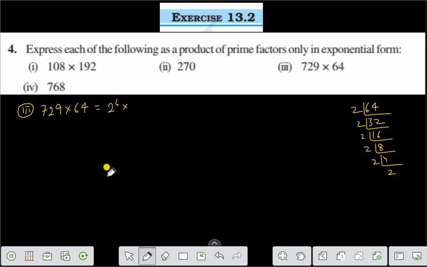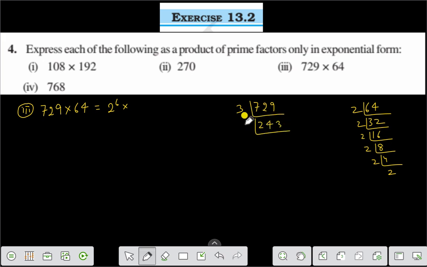If we find the value of 729, then what we get, you see here, 729 divided by 3 first. 3 2 is 6, 3 4 is 12, 3 3 is 9.